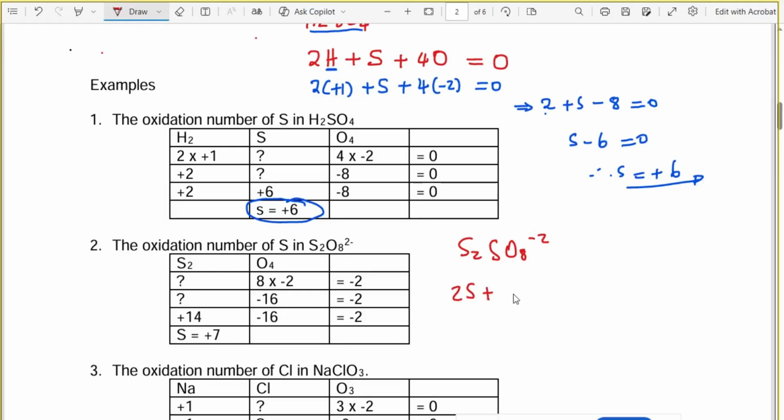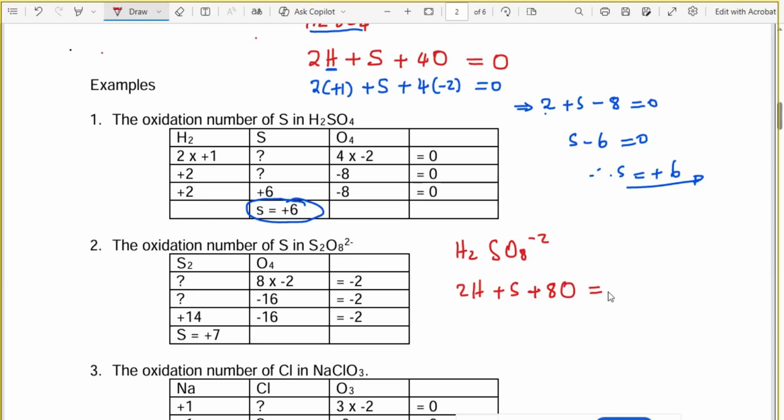It reacts with hydrogen. This is H2. So now we have 2 of hydrogen that reacts with S, and then we have 8 of oxygen.